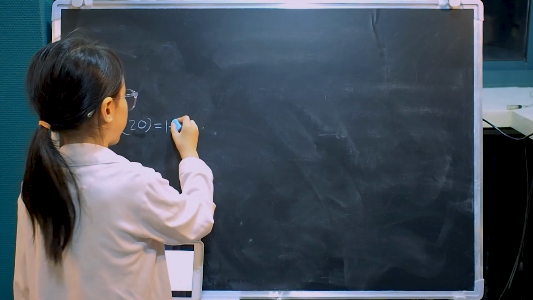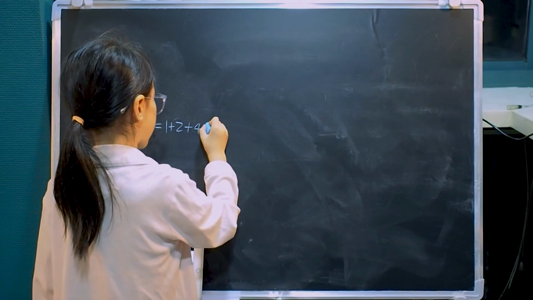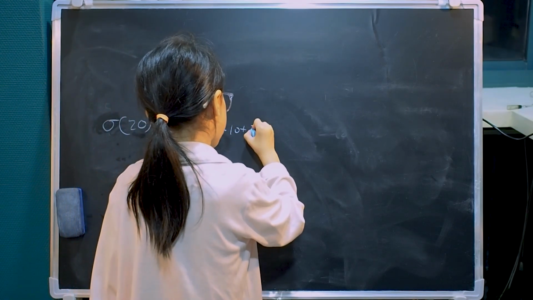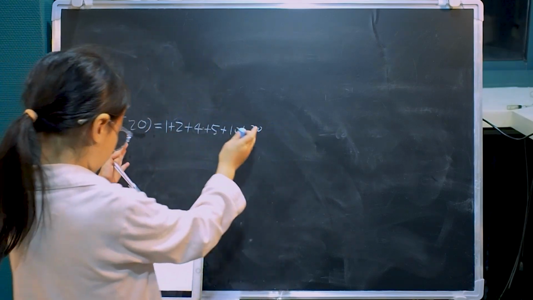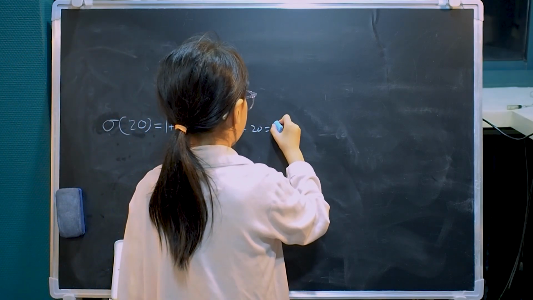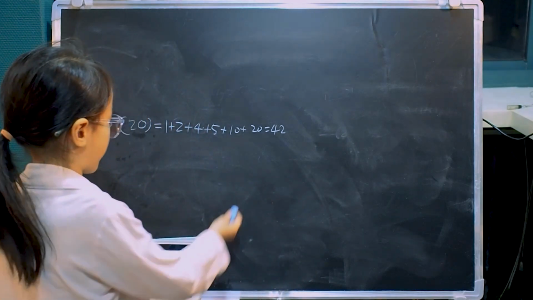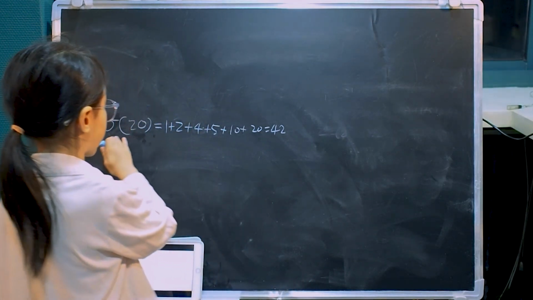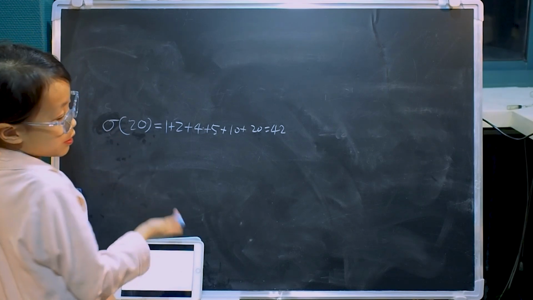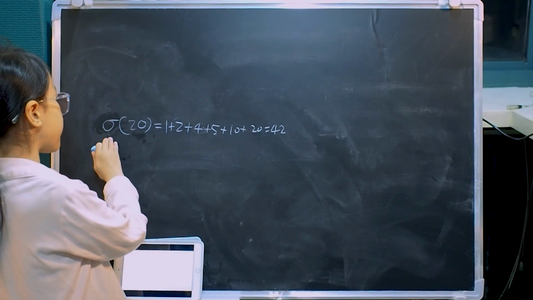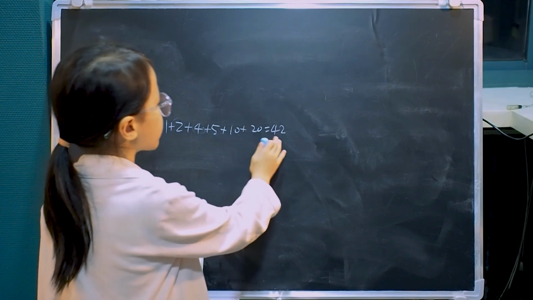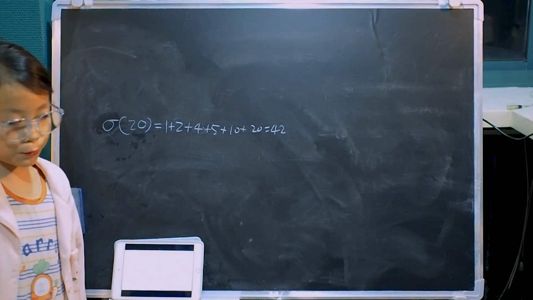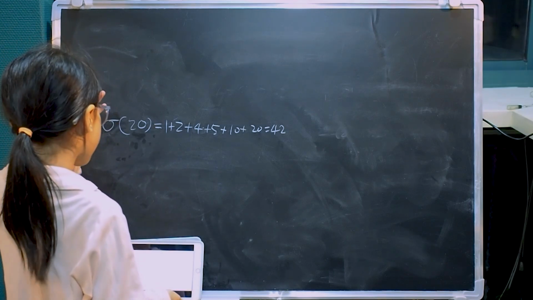So it's 1 plus 2 plus 4 plus 5 plus 10 plus 20. So we get 42. So the sigma function includes the number itself. So if a number is perfect, its sigma is 2 times the perfect number itself.